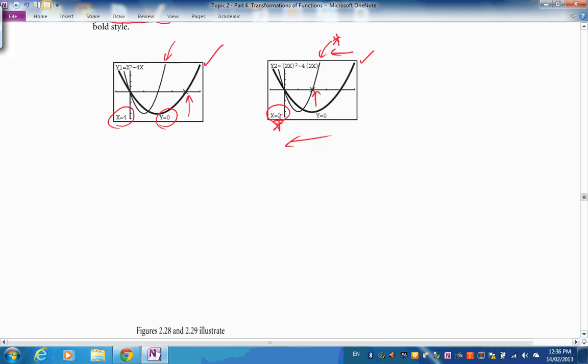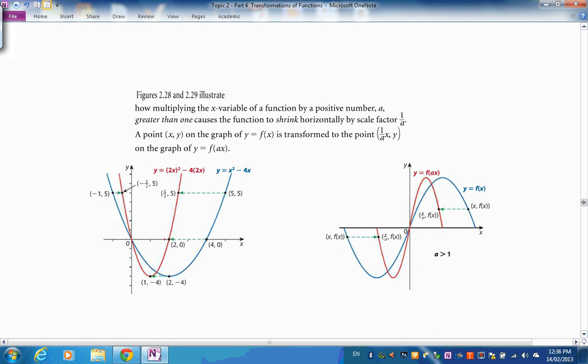Okay, let's have a look at some more down here. So what we've got is multiplying the x variable by a positive number and putting it in front will cause it to shrink. So that shrunk, didn't it, by 1 on a.